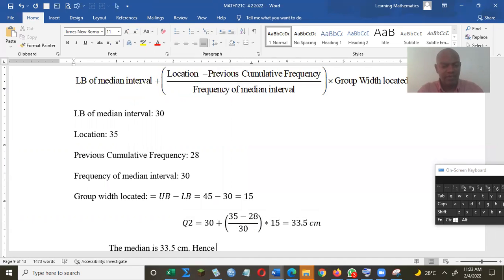Hence, 50% of the heights are below and above also 33.5 centimeters.